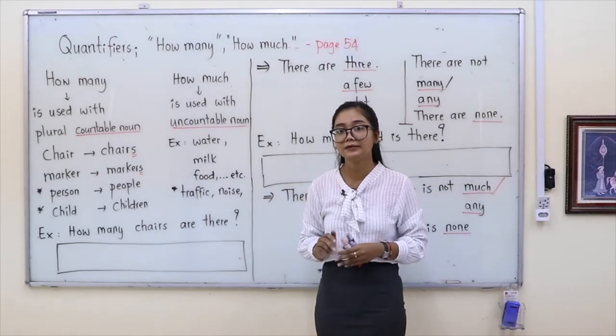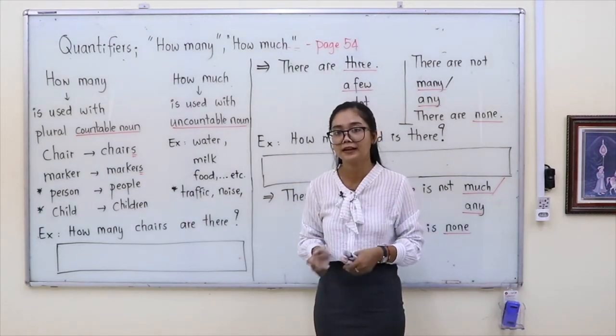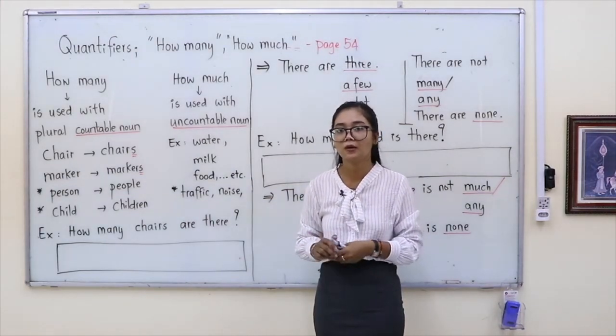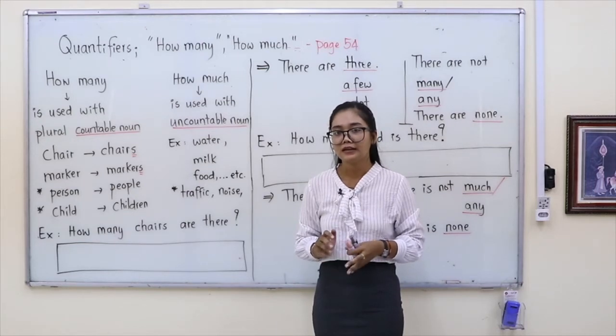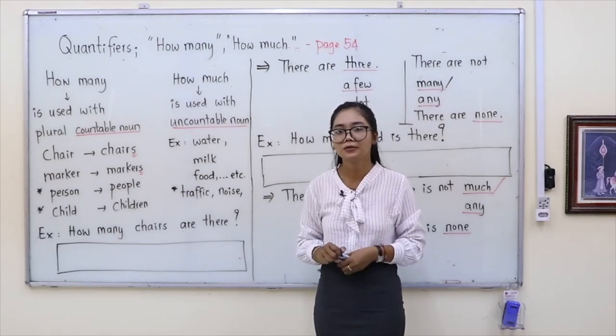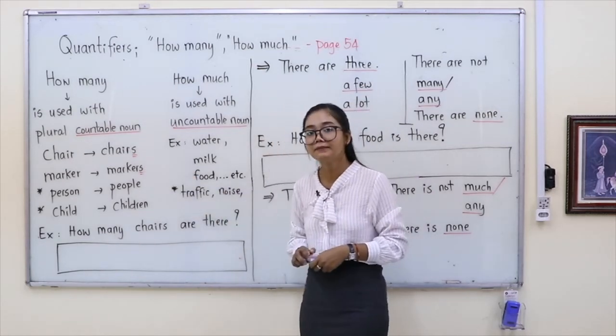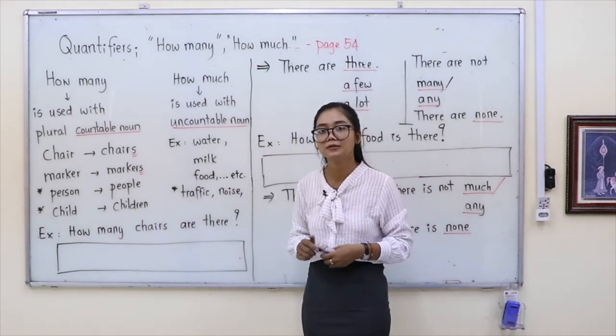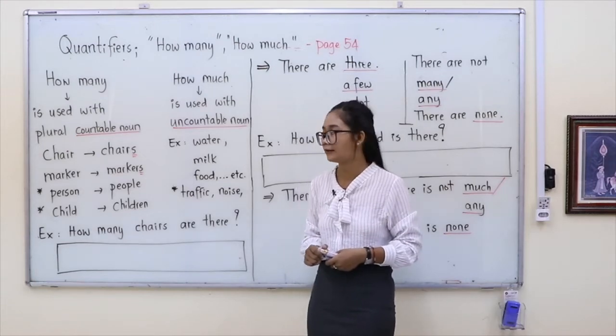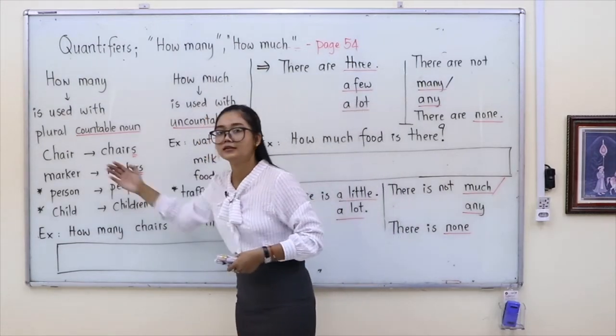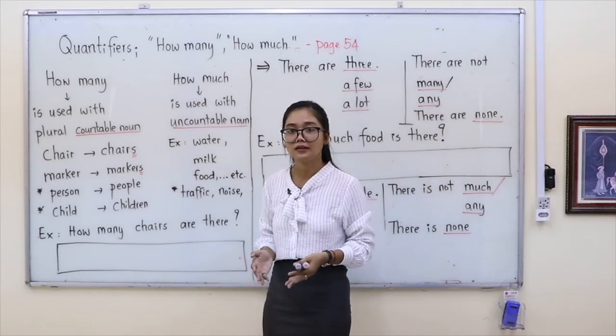Remember, a countable noun is a noun that we can count with a number, like 1, 2, or 3. Again, how do we make them into plural countable nouns? There are some nouns that we add s to, to make them plural. For example, chair. One chair, or a chair.